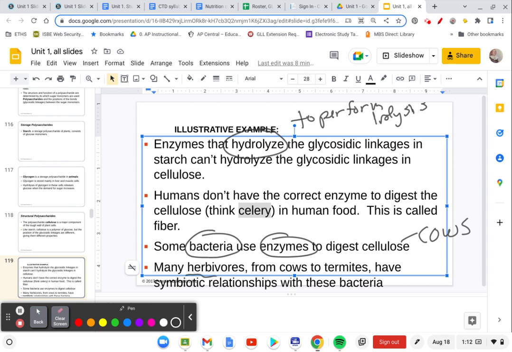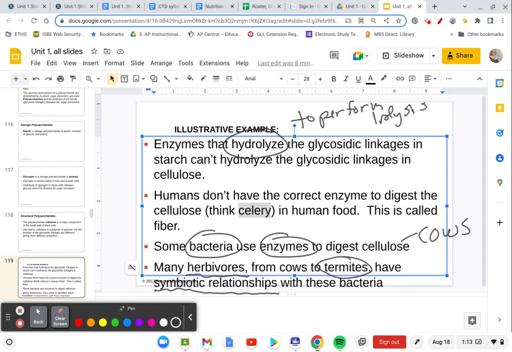So many herbivores, cows, deer, rabbits, even all the way down to termites, have what we call a symbiotic relationship with the bacteria. The bacteria get a couple of benefits from it. They get a nice warm place to live, and they get to eat some of the food that the cow doesn't normally digest.